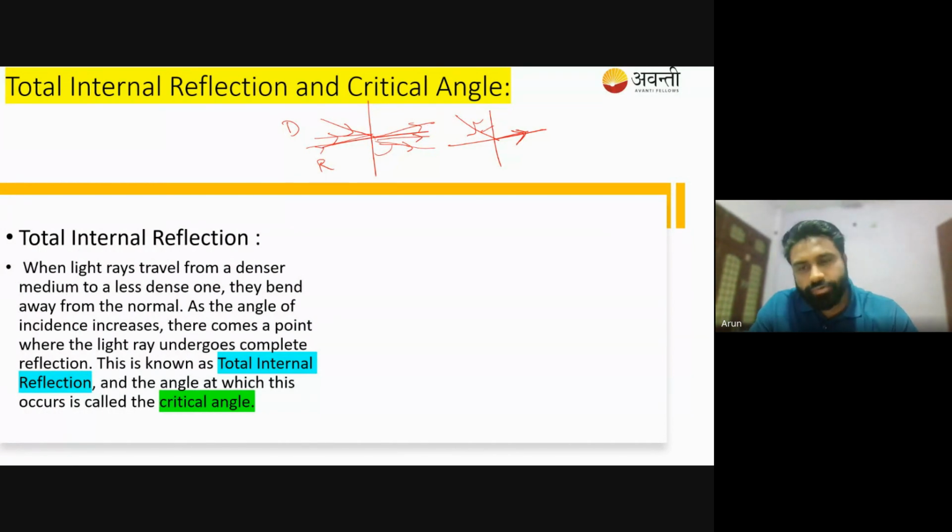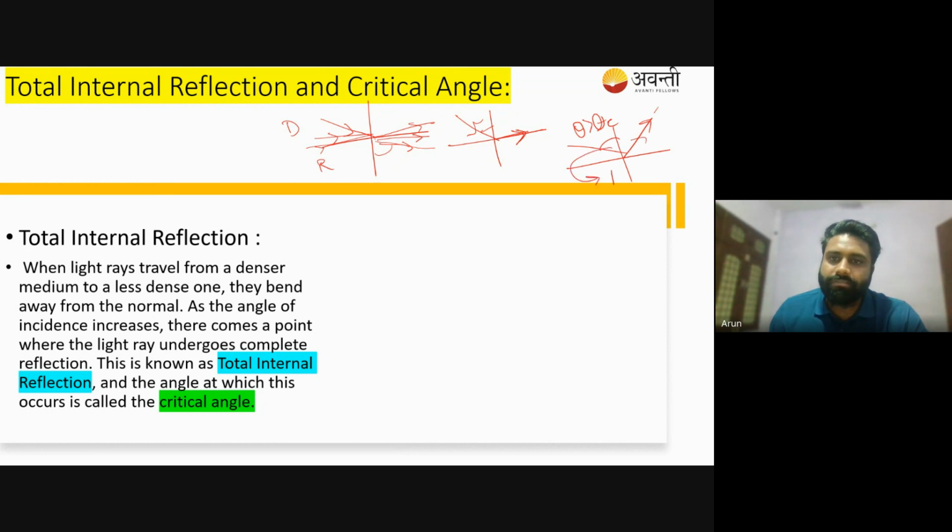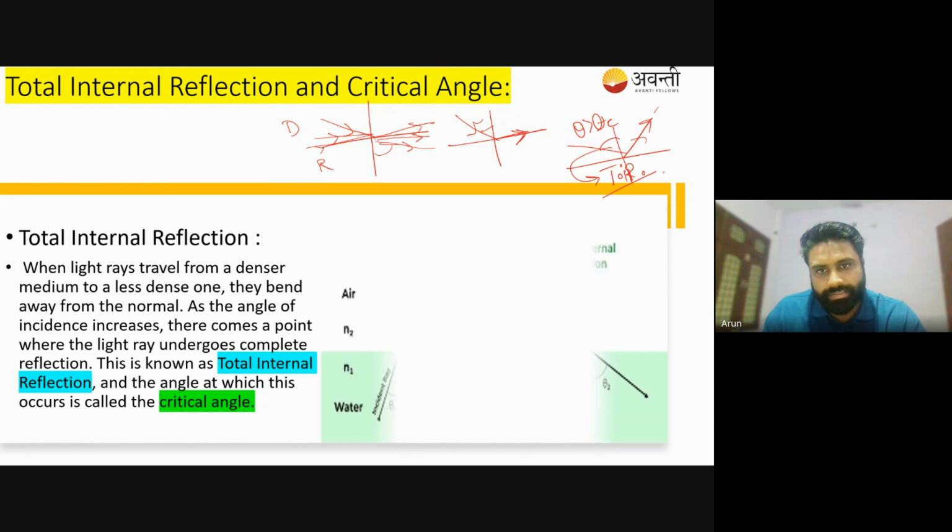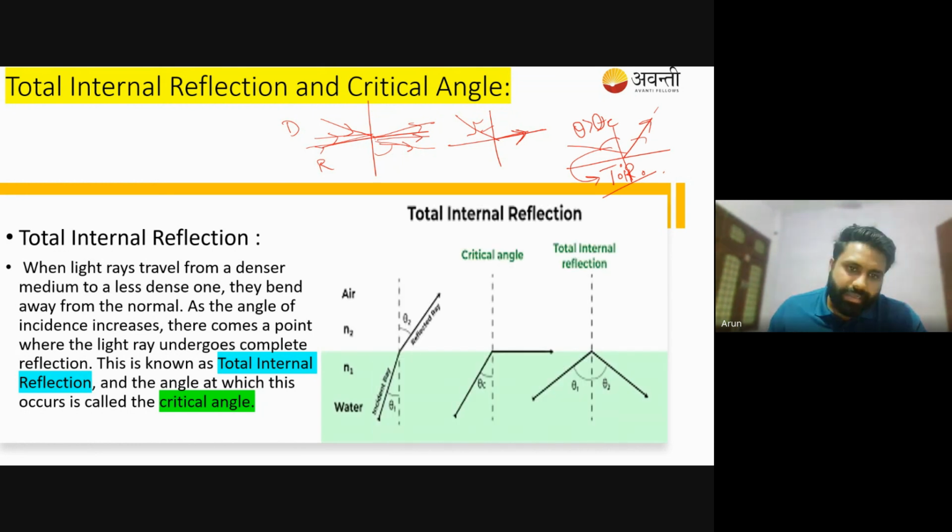And if you increase the value beyond the critical angle, the whole ray will reflect in the same medium. If this angle theta is greater than theta c, which is the critical angle, the complete reflection that you have, this phenomenon is termed as TIR, total internal reflection. Got it? You can see here the light is coming from water, which is denser than air.